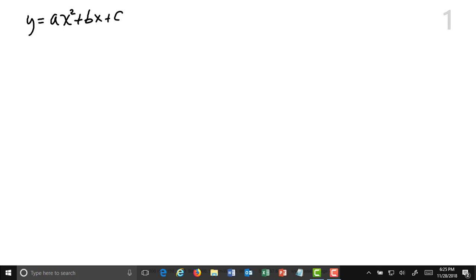You see, this is a general case of a parabola. We can keep increasing this. We can go like this. Y equals, let's say, ax to the third power plus bx to the second power plus cx plus d.